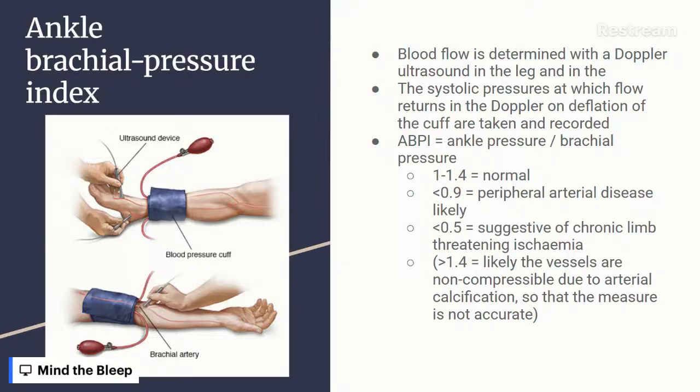And then you've got some readings of greater than normal, which is going to be found in patients who already have very extensive calcification of their vessels, so people with diabetes, because the vessels become so non-compliant that you basically get this falsely high reading.